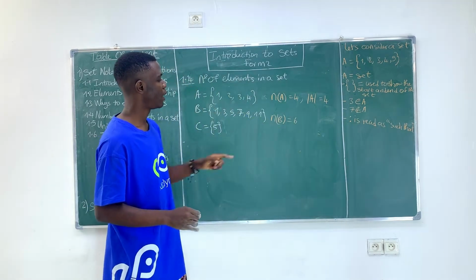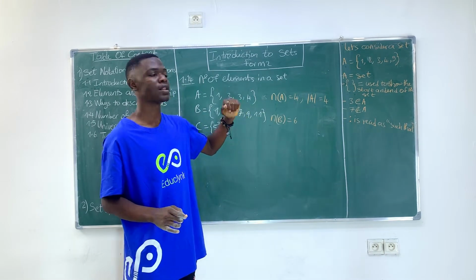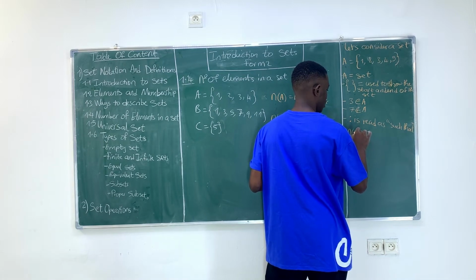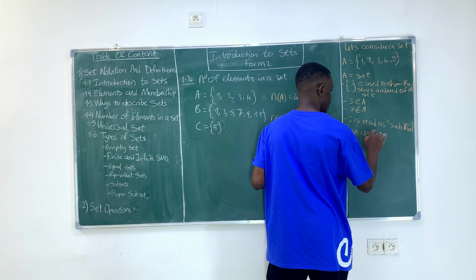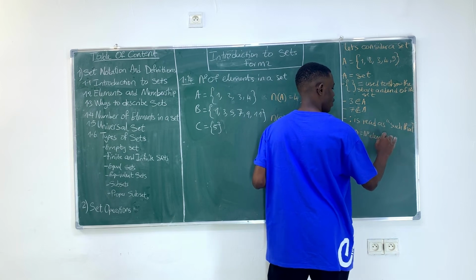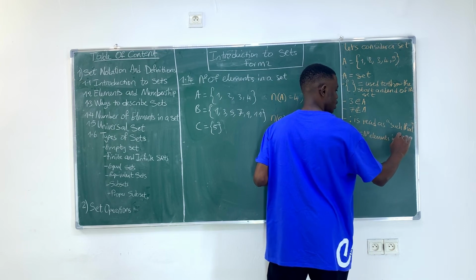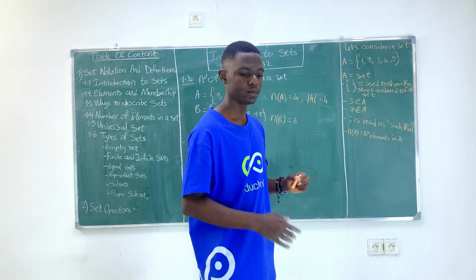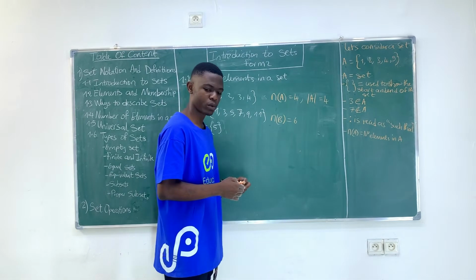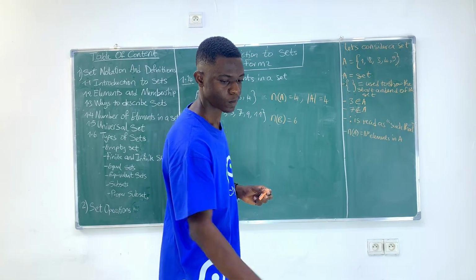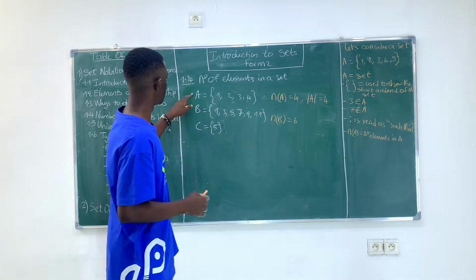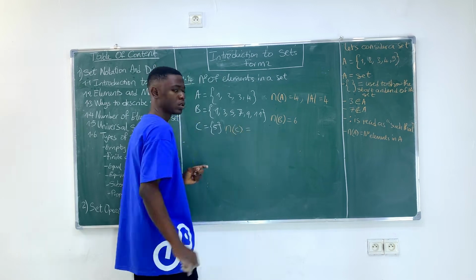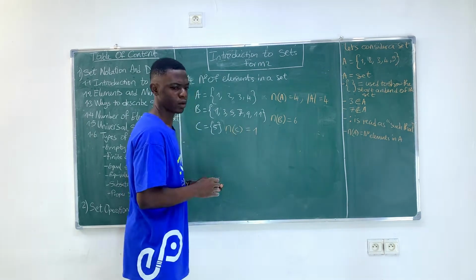You should know that n of something represents the number of elements in that set. n of the set is equal to the number of elements, so n(A) represents the number of elements in A. There's another example: n(C) is equal to what? 1.